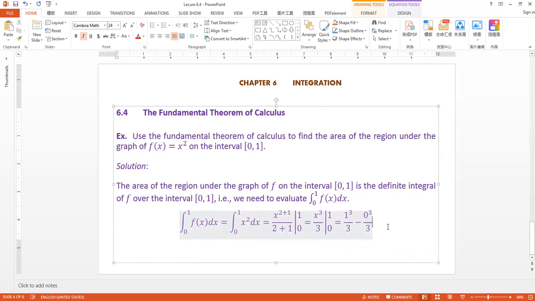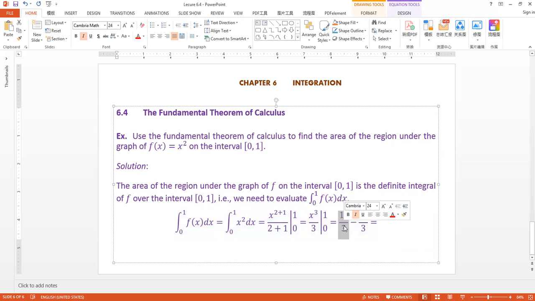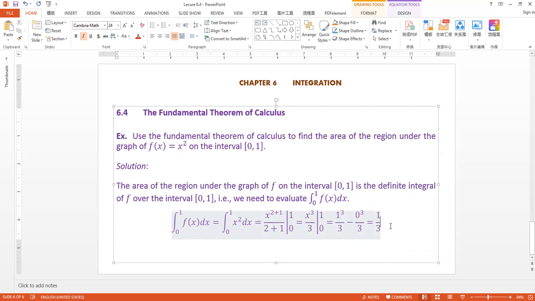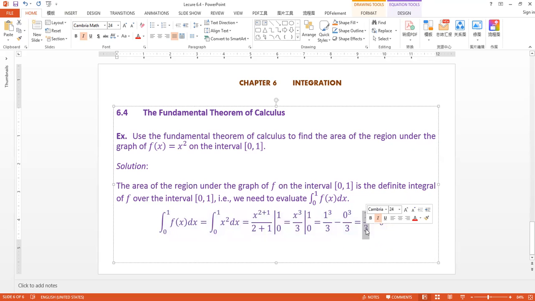So 1 cubed is 1, so we got 1 over 3 in the first term, and 0 cubed is 0, and 0 over 3 is of course 0. So at the end, the final answer is 1/3.